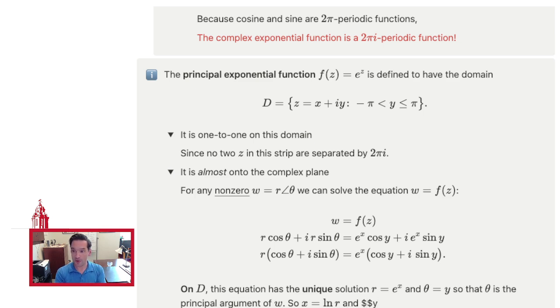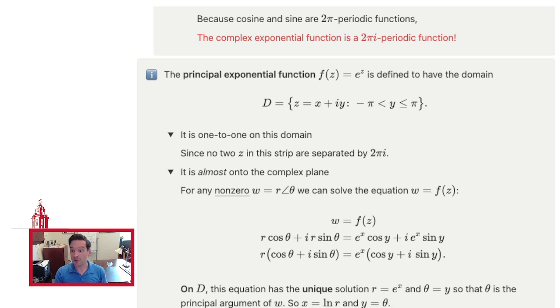And if I know the principal argument of what I'm putting into this function, then I also know the vertical coordinate. So if you tell me the r and theta of w, I can figure out the x and the y of the z for which e to the z is equal to w.